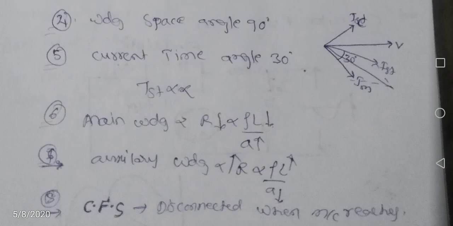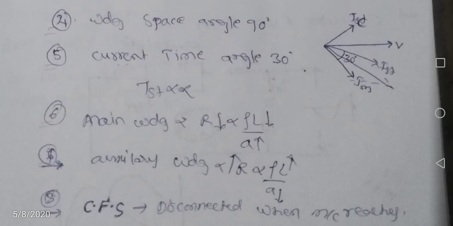And the auxiliary winding is designed with a large length. When the length is more, the resistance value is high, and the area must be less for that winding.